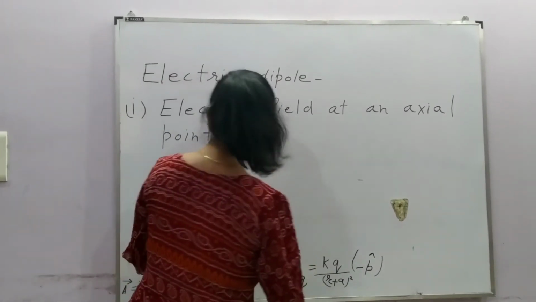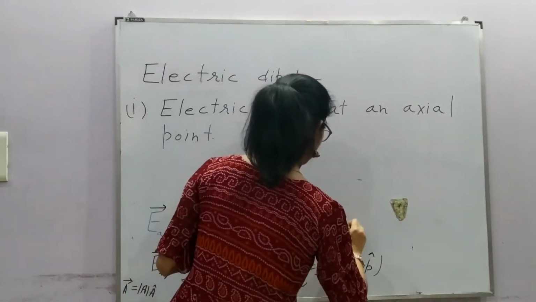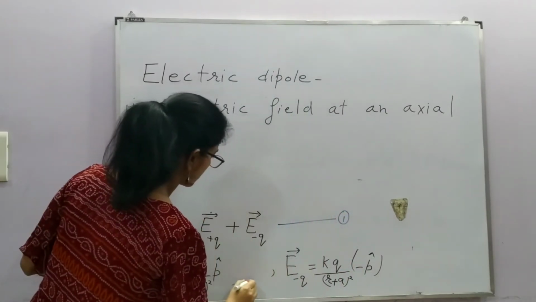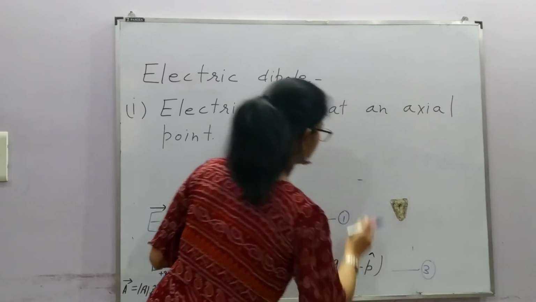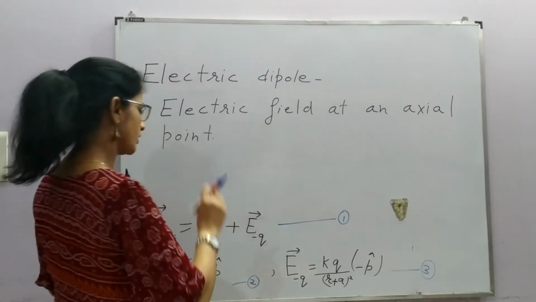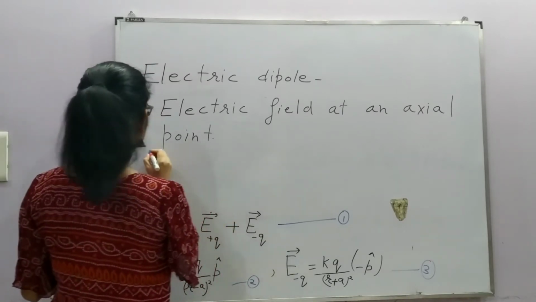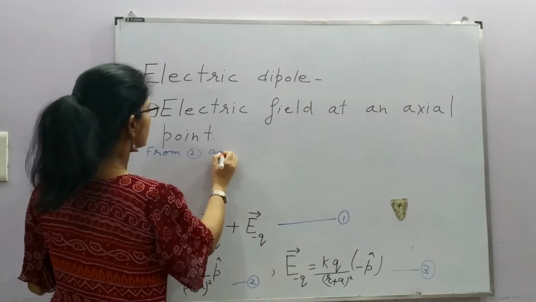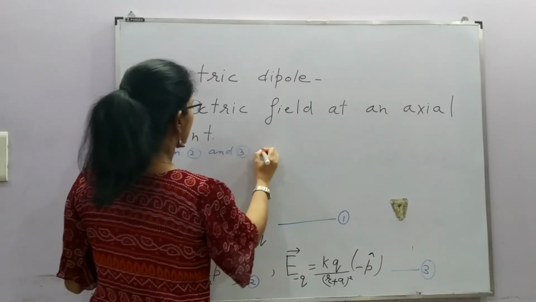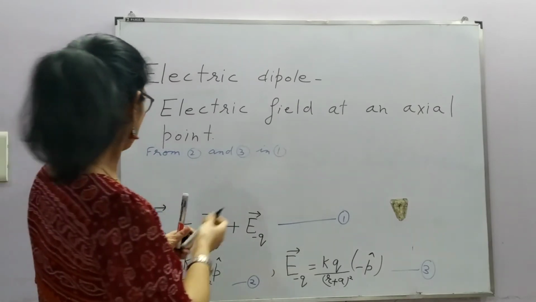Now let's consider this as our equation 1, this as equation 2 and this as equation 3. Let's put the values from equation 2 and 3 in equation 1. What will be the expression?